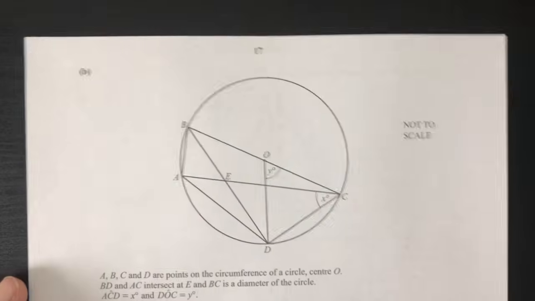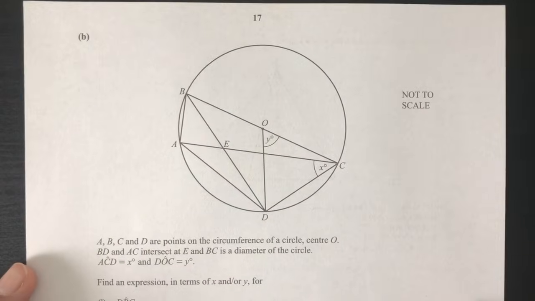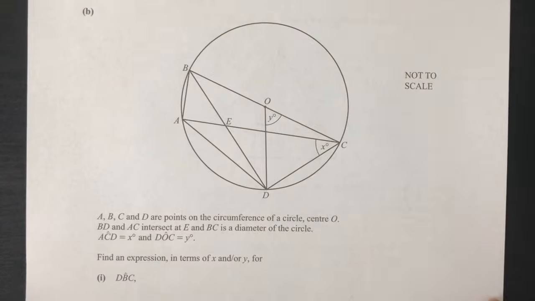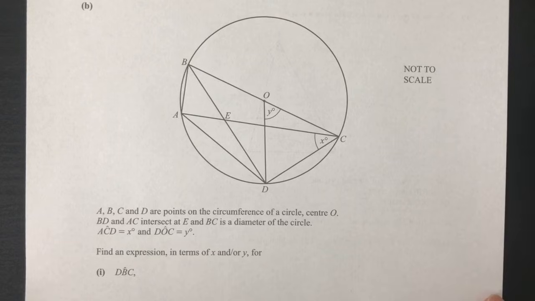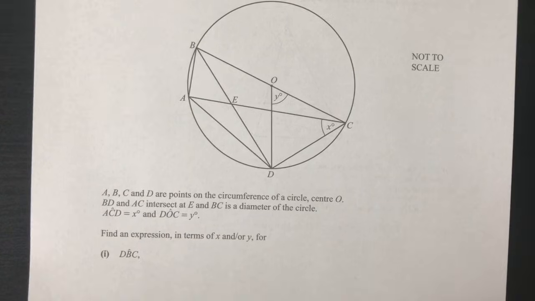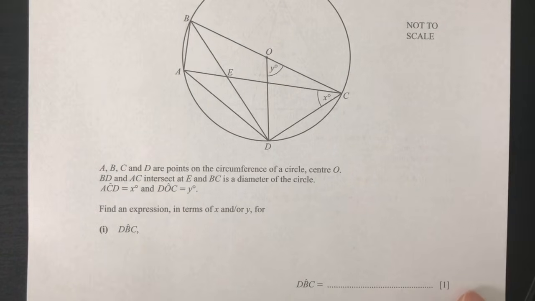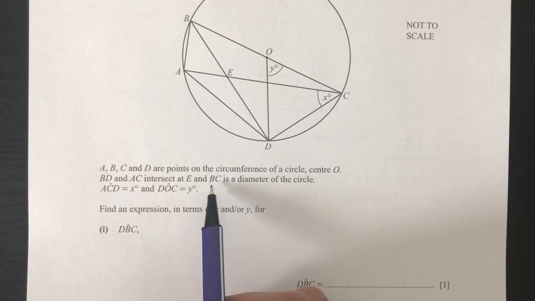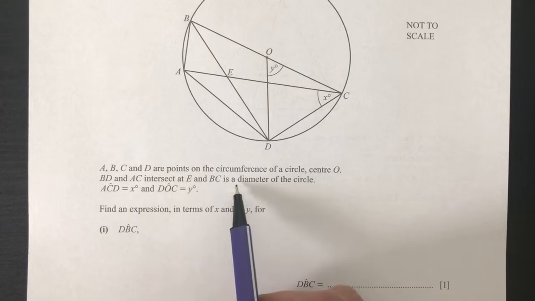Now moving on to part B, let's see what we have here. We have a circle, center O, and A, B, C, D touching the circle. This one is in terms of x and y. It says BC is the diameter of the circle.